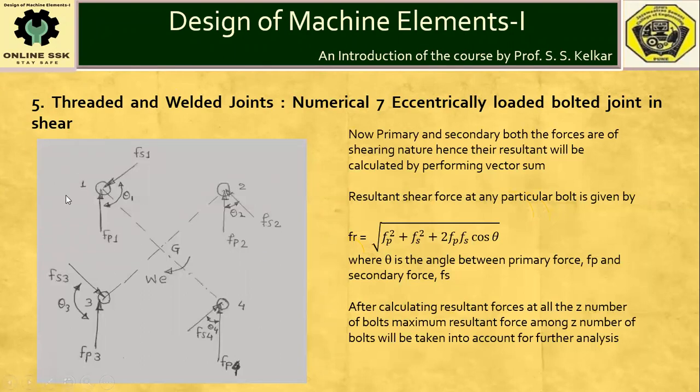In such cases, two different types of shear forces are developed inside the cross section of the bolts, primary and secondary. Primary forces are given by W upon Z in magnitude, where W is the applied load and Z is the number of bolts. In direction, those primary forces are opposite to the direction of applied load.